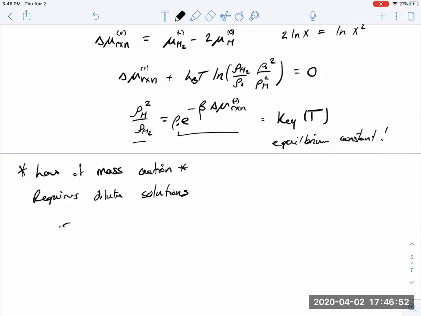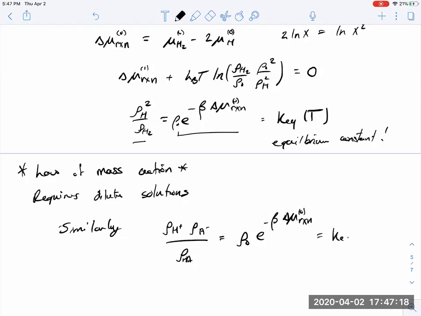So this is general. We could have done this for our acid-base reaction as well. The concentration of protons, their conjugate bases, over the intact acid would be equal to that reference density, e to the minus beta, whatever standard state chemical reaction free energy we would have found there.